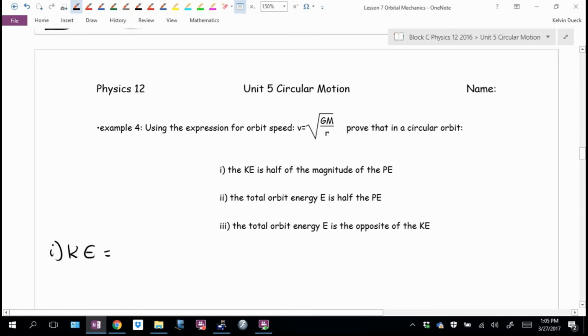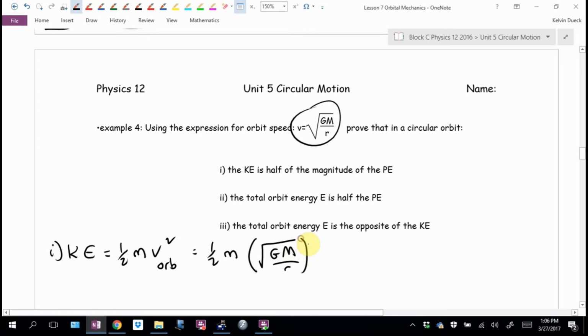Hey, Taylor, let's you and I do this together. What was the equation for kinetic energy? It's been that since physics 11. KE equals a half m v, only this time I'm going to put the orbital speed squared. This speed. Which I guess means I can go a half m, and then it'll be the square root of big G, big M over R, squared.